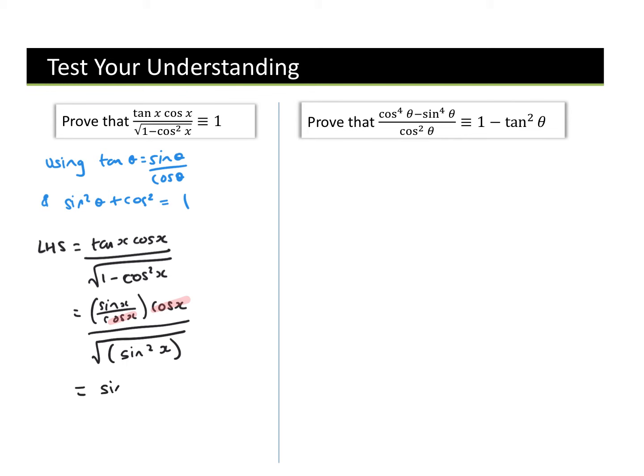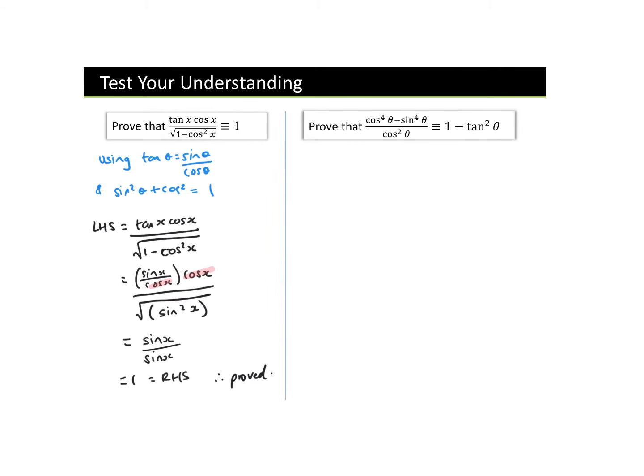So we're going to have sine x over sine x, which equals 1, which equals the right-hand side. Therefore, proved. So just quickly, sine x cos x, if I multiply that out, it's going to be over cos x. And then we can cancel them because we have a common factor on the numerator and denominator.